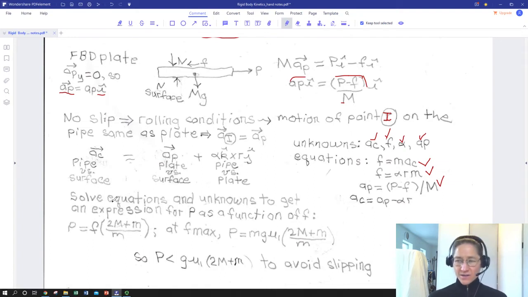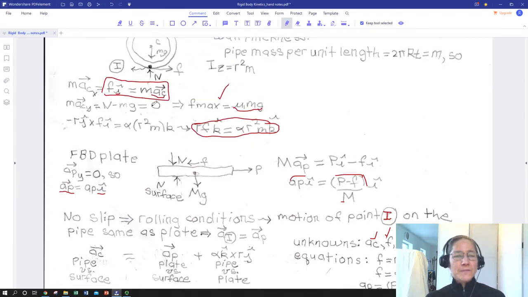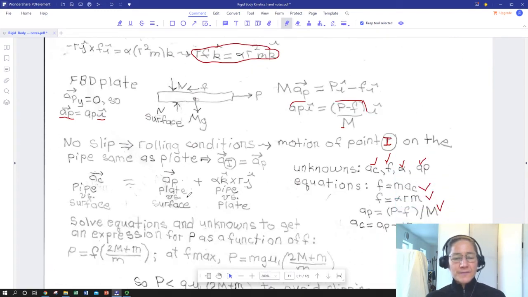We write our expressions. We basically solve for equations of motion, relating our frictional force on our P using equations of motion that necessitate non-slipping, which is rolling, which is the pipe versus plate motion coming from rolling.